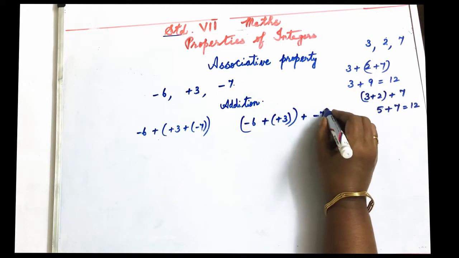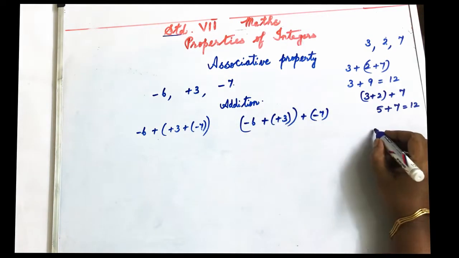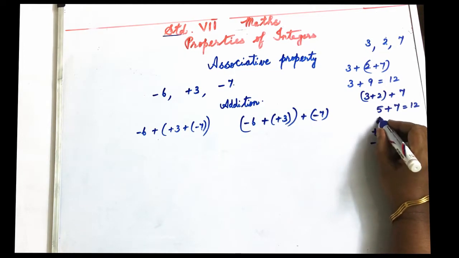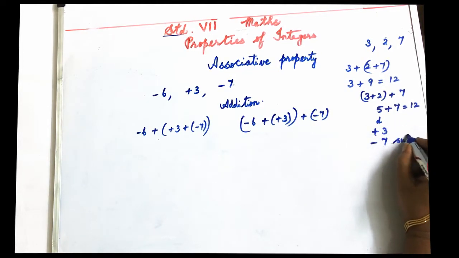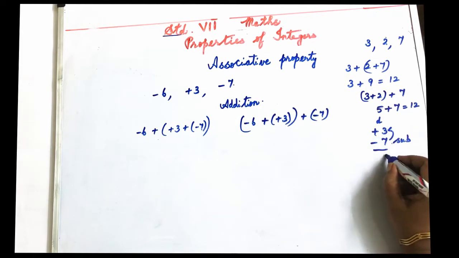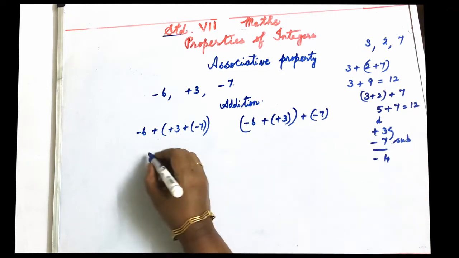So plus minus 7. First add the integers within the brackets. So plus 3 minus 7. Signs are different, so we have to subtract. Subtract from the greater number. 7 minus 3 is 4. Greater number sign is minus, so minus 4.